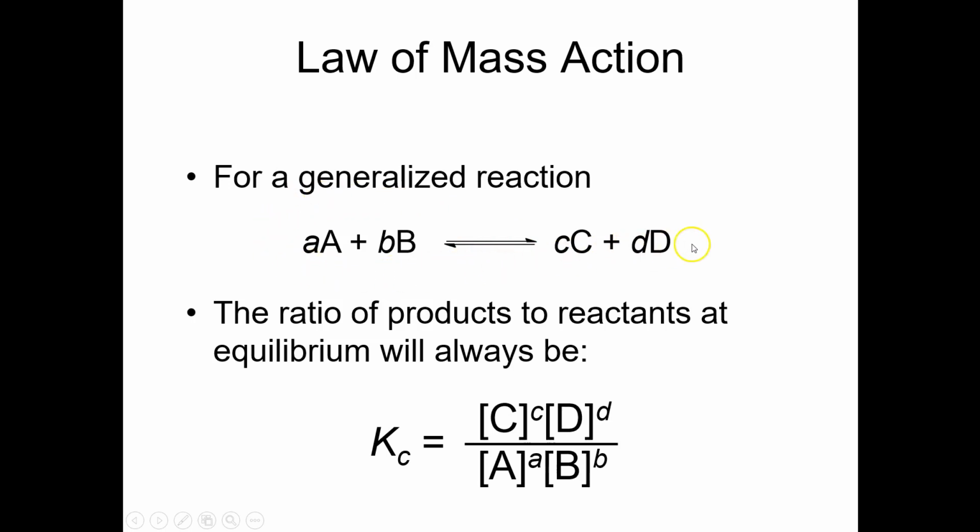For any generalized reaction like this, the ratio of products to reactants at equilibrium is always going to be this. The product of the concentrations of the products raised to the power of their coefficients in the balanced equation, divided by the product of the concentration of the reactants raised to the value of their coefficients in the balanced equation.